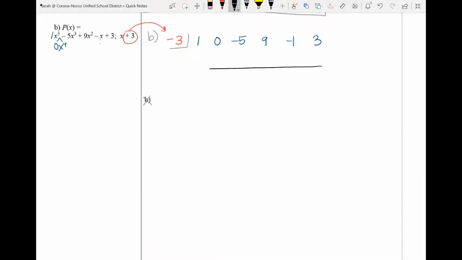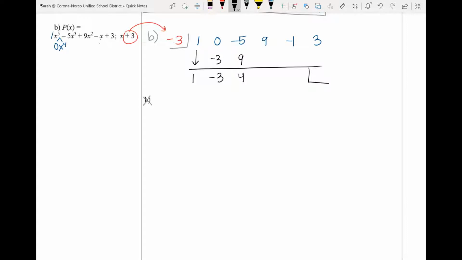So using synthetic division, we're going to see if this gives us a remainder of 0. So we're going to bring down the 1 and then multiply 1 times -3 and then add 0 plus -3 and then multiply -3 times -3, which is 9. -5 plus 9 is 4.